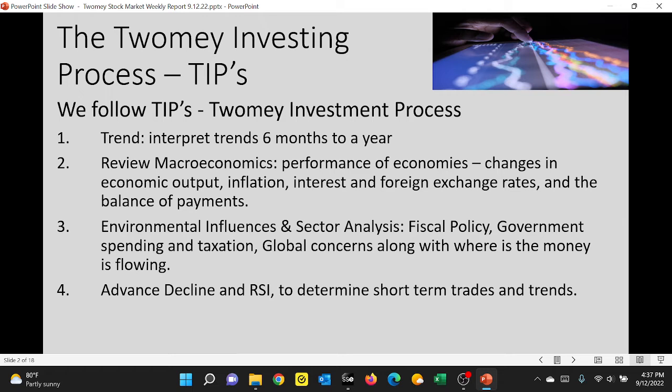We follow the Twomey investment processes, or TIPS. What is that? We look at the trend. We interpret the trends from the last 6 months to year to date and take a nice picture in our mind of where the overall trend is going. Now, it doesn't take a rocket scientist to look at a graph and say up or down, right? Or sideways.